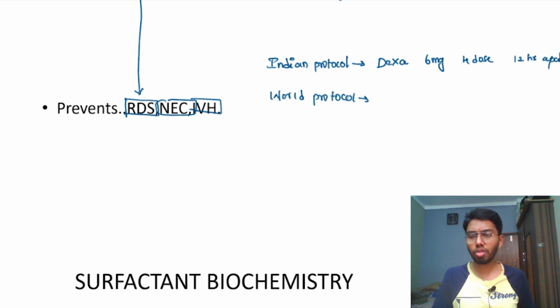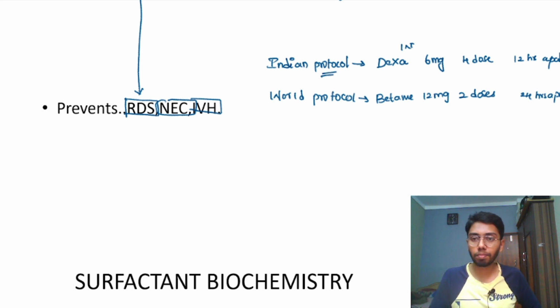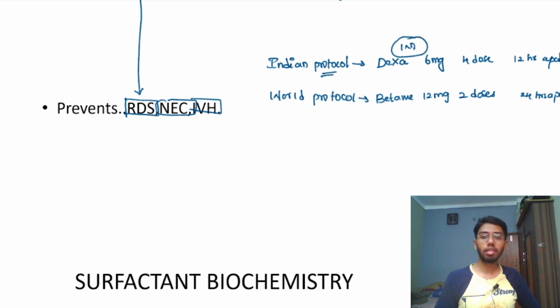Very, very important dosage, you will have to remember. The world follows betamethasone, 12 mg, 2 doses, 24 hours apart. Okay, so this is how we give dexa. Route is IM. Most of the CRRIs would definitely have given dexa to many mothers.